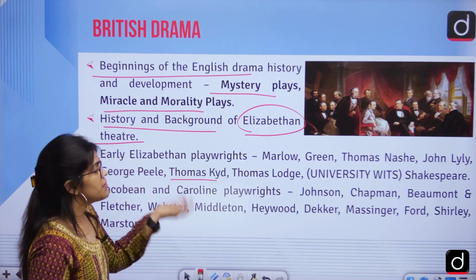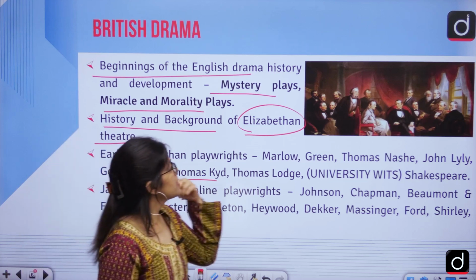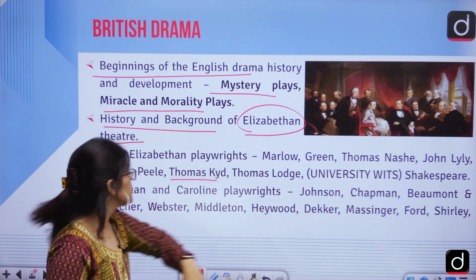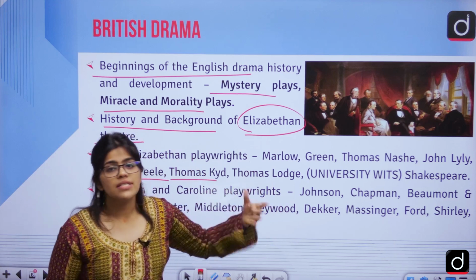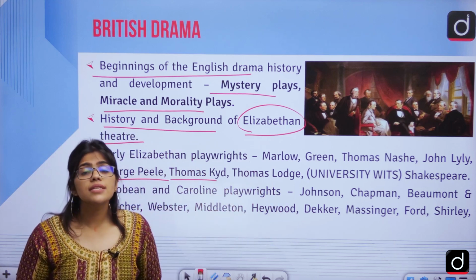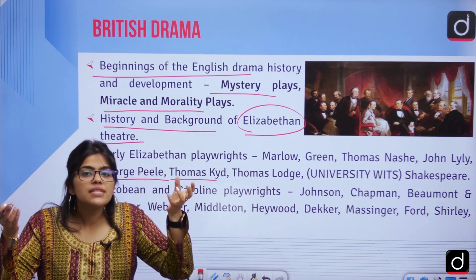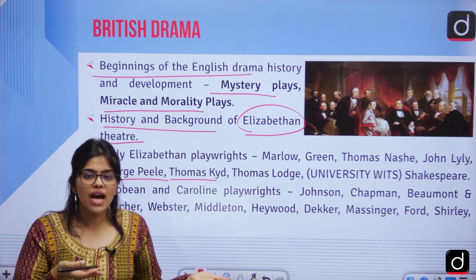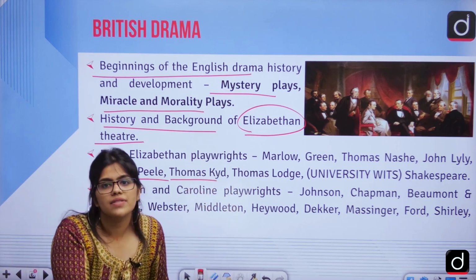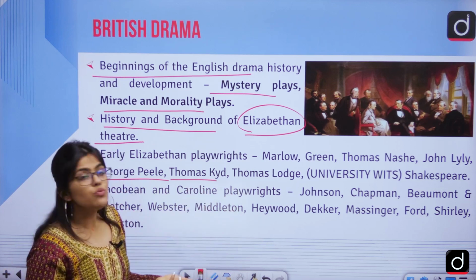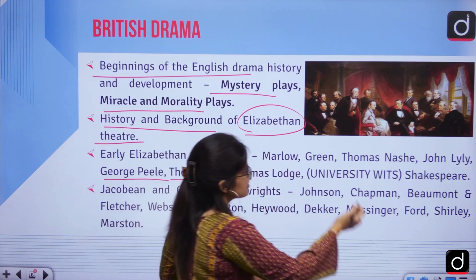So there are some Elizabethan playwrights, as I told you: Marlowe, Greene, Thomas Nashe, Lyly, John Peele, Kyd, and Lodge. Now these are the university wits. They can also ask you why they are called university wits, and that they studied at Cambridge or Oxford. So they can ask you which school they studied at, right? So these are a few questions that they can ask. They can ask the text as well.